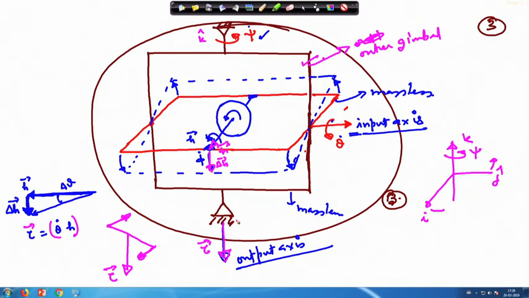So, the solution is you do not allow the rotation here in this place using a motor. Whenever it is required, you release it, and whenever it is not required, you use the motor so that this torque is nullified. Okay. So, a large amount of torque will be needed to cancel this, the torque about this axis. So, you will need a motor either here or here to cancel this torque.